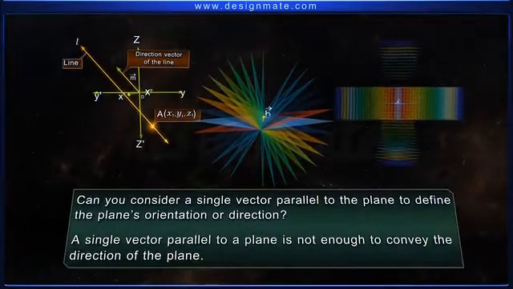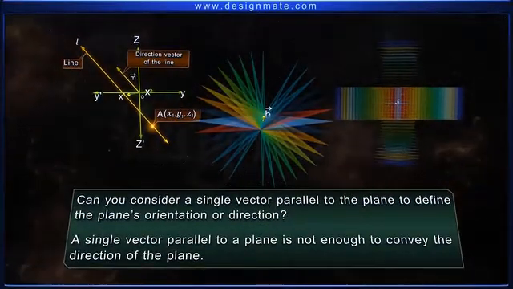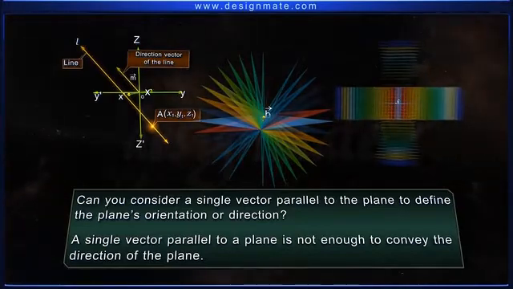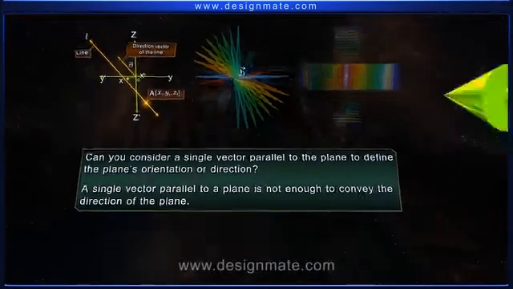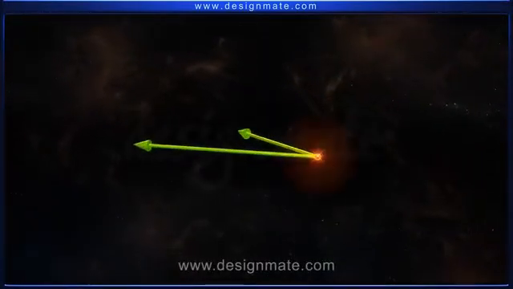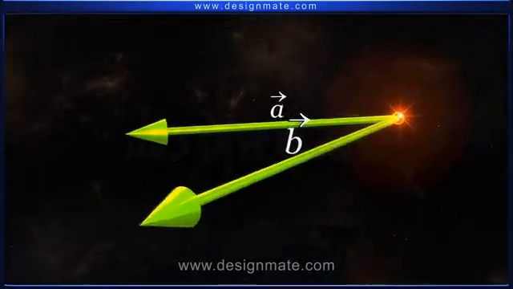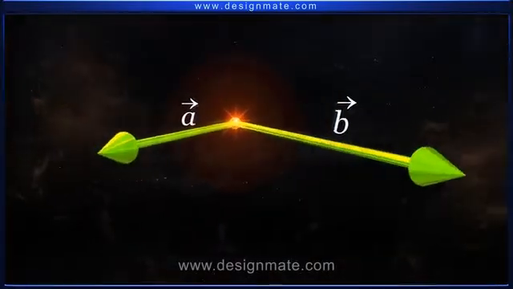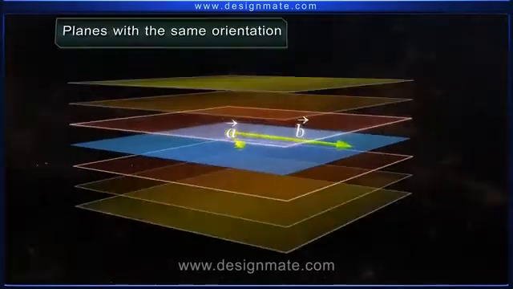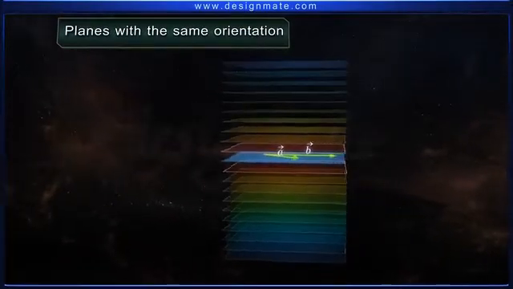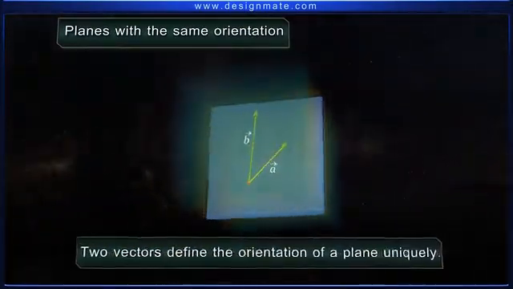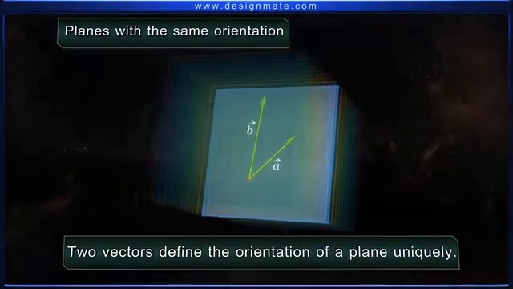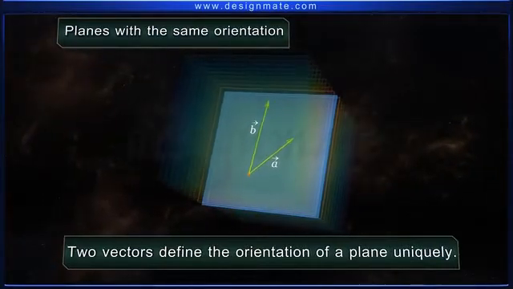Therefore, a single vector parallel to a plane is not enough to convey the direction of the plane. Hence, let us now consider two non-parallel vectors. We can see that planes parallel to these vectors have the same orientation. Thus, two vectors define the orientation of a plane uniquely.